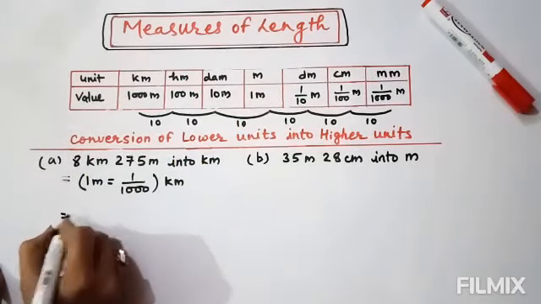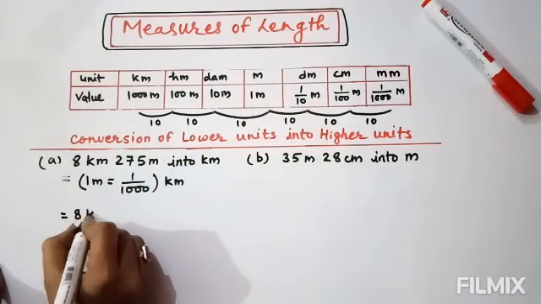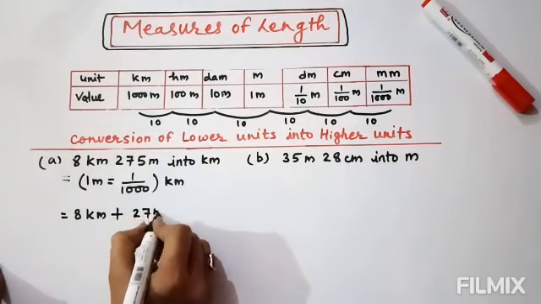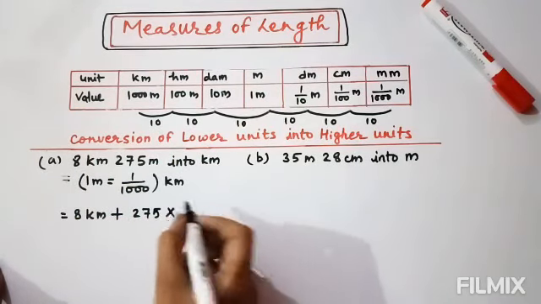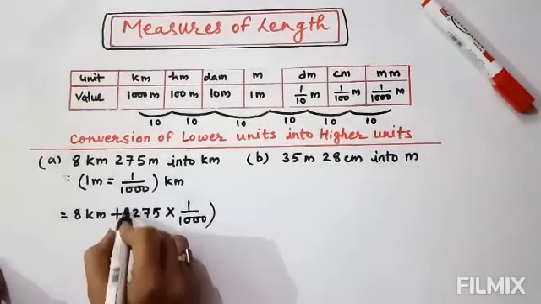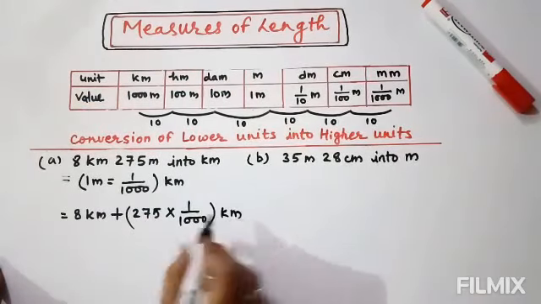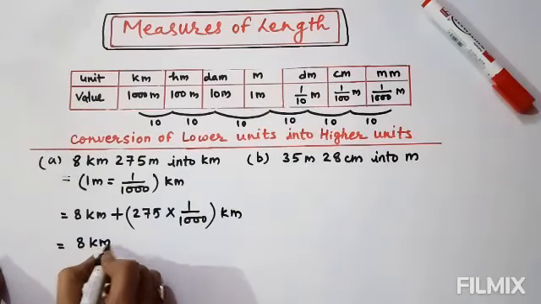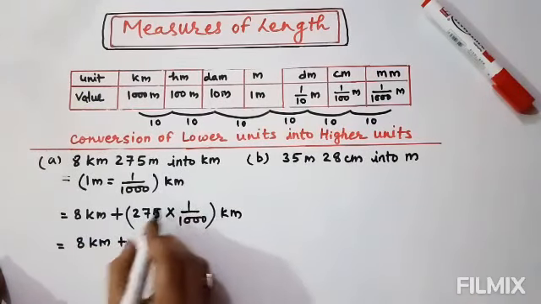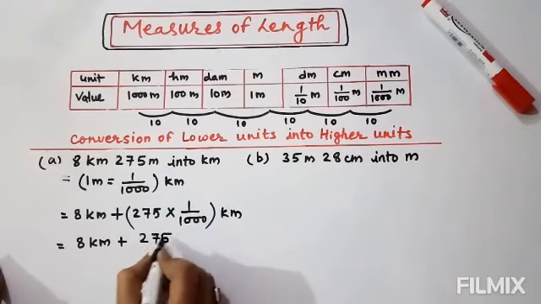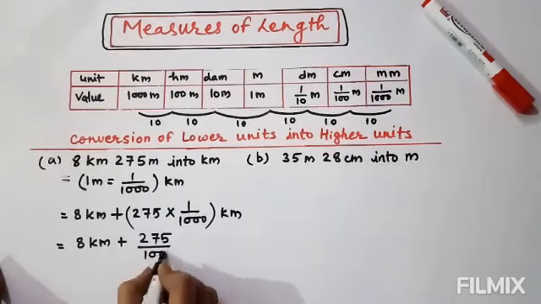Now 8 kilometer is already given in kilometer, so we will write it as it is, plus 275 given in meter, that we need to multiply by 1 upon 1000 to convert into kilometer. Clear? So we will write in kilometer: 8 kilometer plus 275 upon 1000 kilometer.